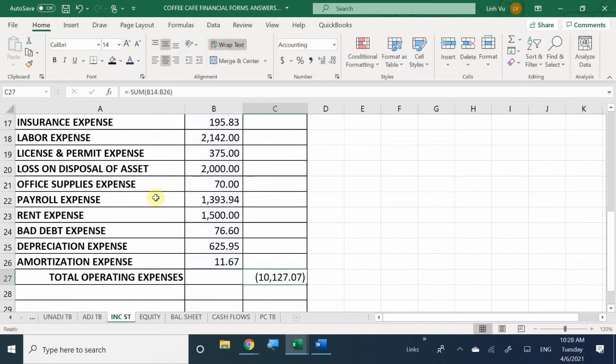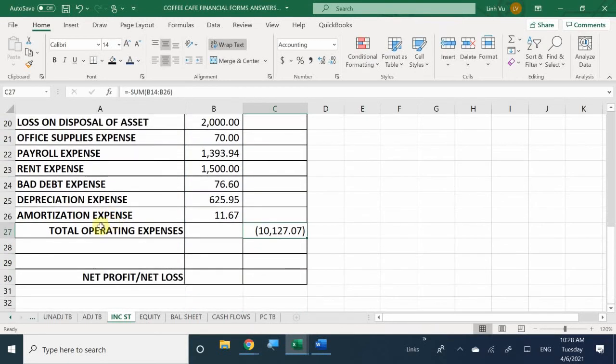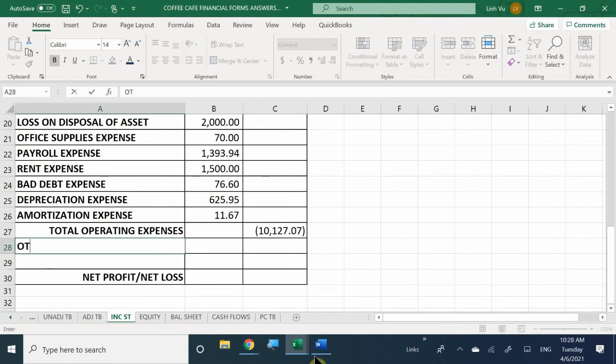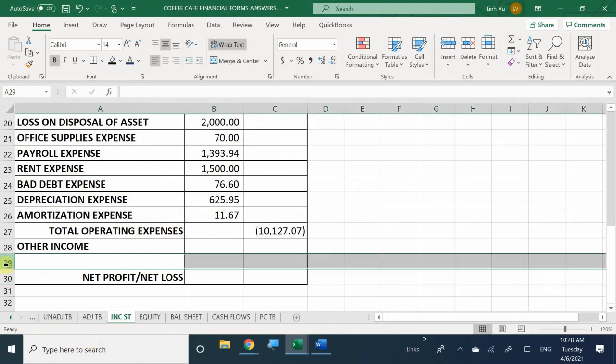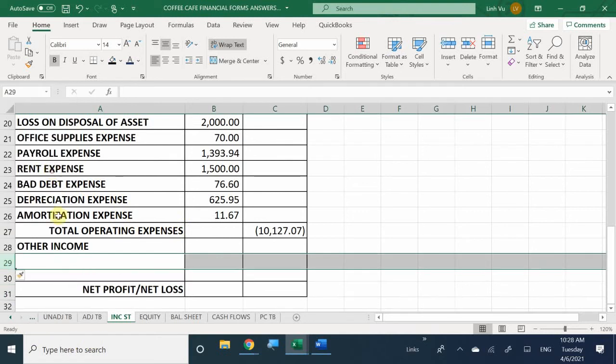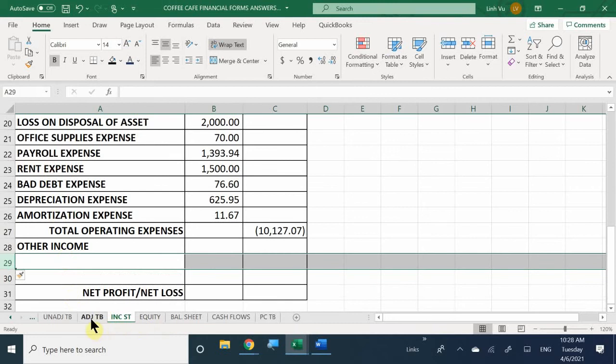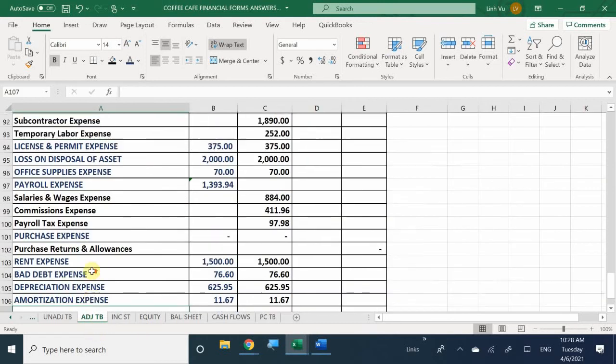Okay. And then we have one more attribute, which is other income. All right, what other income do we have? Let me write here, other income. What's my other income? That's apart from operations. Okay, let's take a look at our adjusted trial balance and let's figure it out.